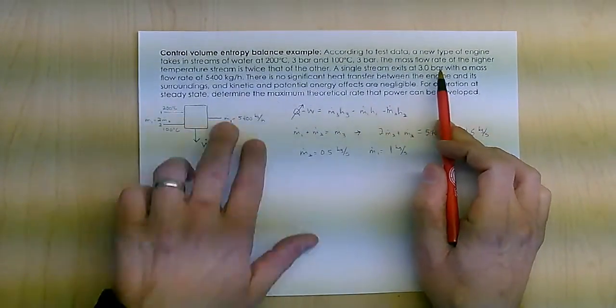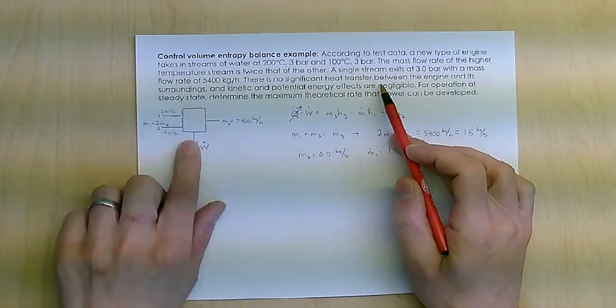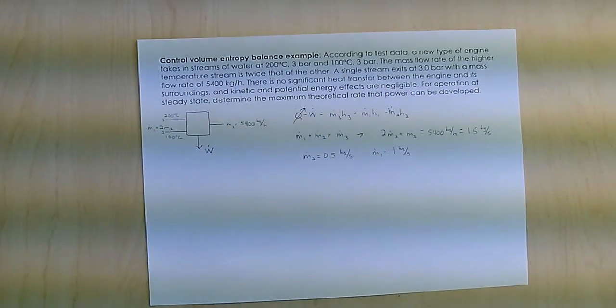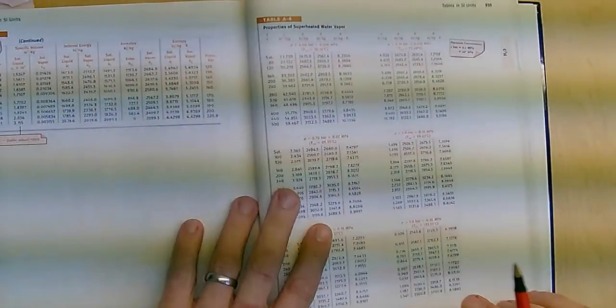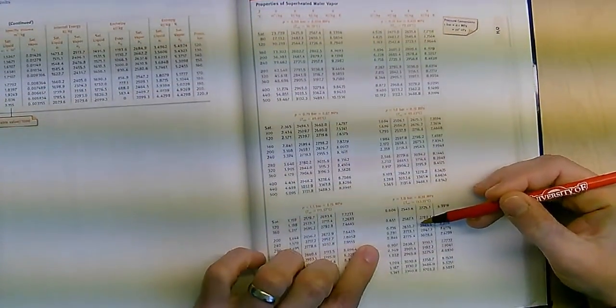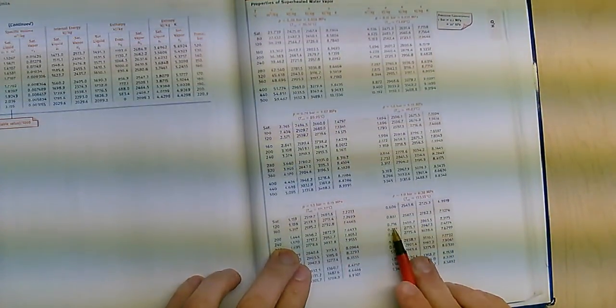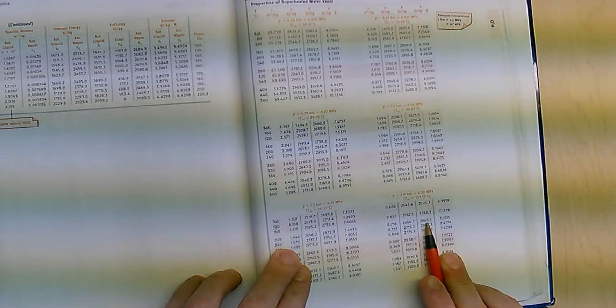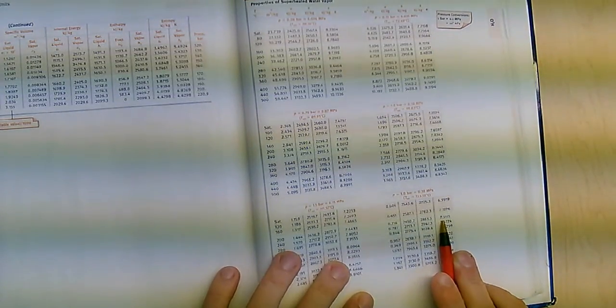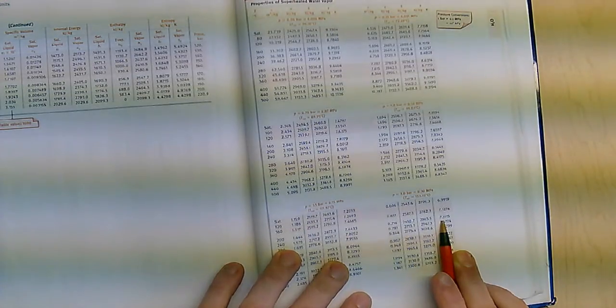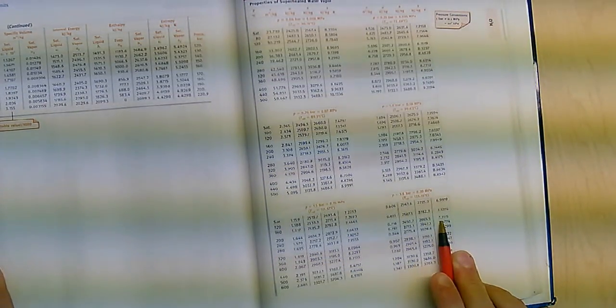Okay, so initially I know 200 and 100, so I come over here, I go to 3 bar, and at 200 degrees my H value is 2865.5. I'm going to get my S value too. I'm going to tell you why in a little bit. That's 7.3115. I'm going to write all of these down.